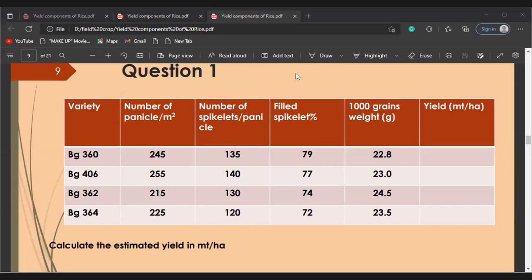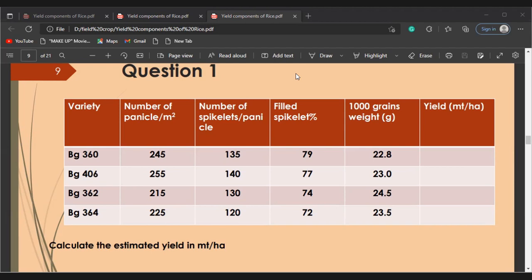The third is filled spikelets, and the fourth is 1000 grain weight.